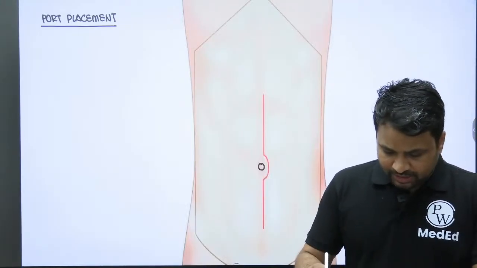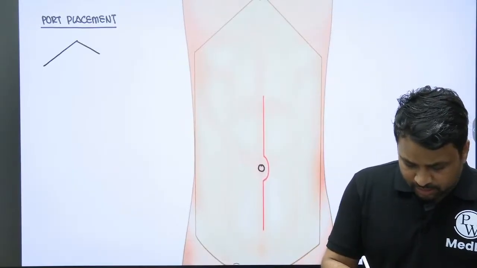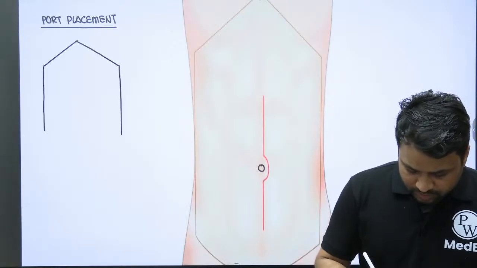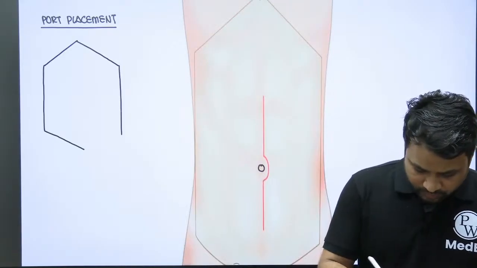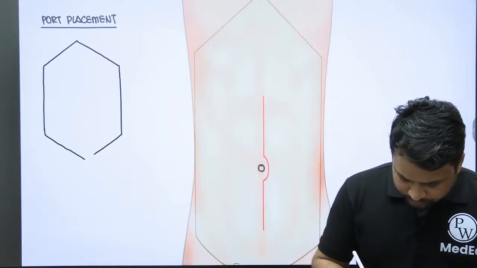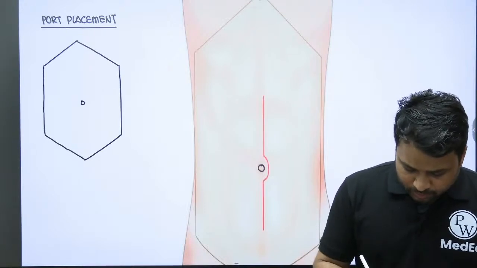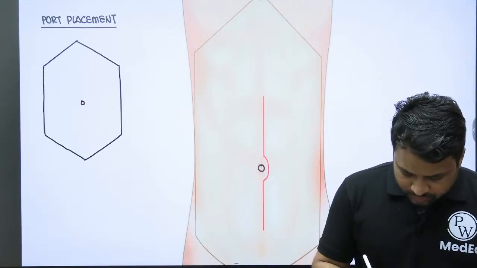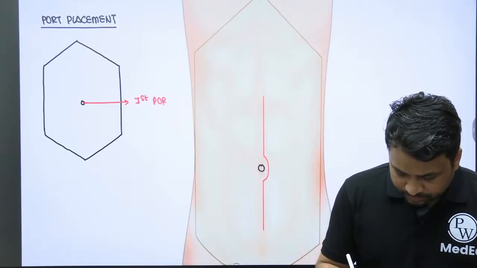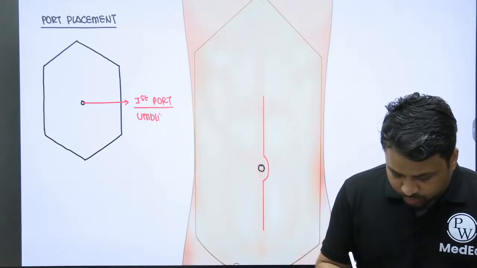we say that if there is a virgin abdomen, का मतलब है previously no surgeries have been done, ठीक है? If this is the status and this is the umbilicus, usually the first port that we place is what we call the umbilical port.